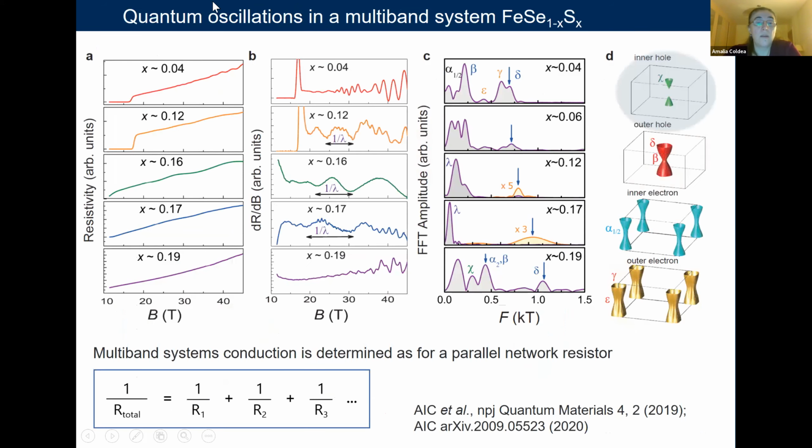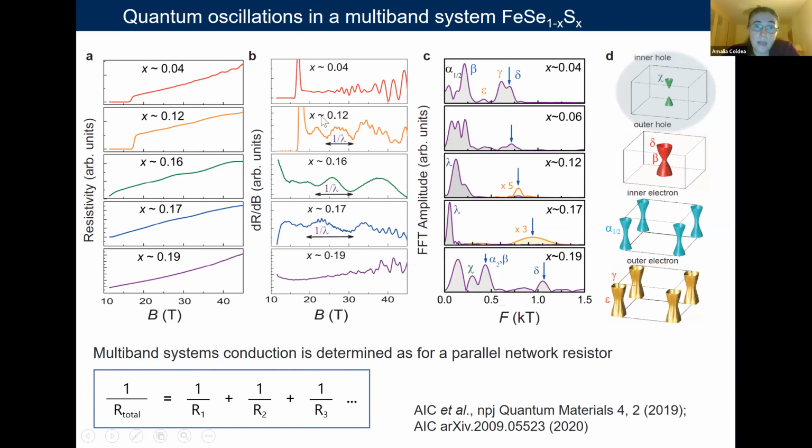If we now follow the evolution of the system with chemical pressure, there are again quantum oscillations across the whole series, but the spectrum of the oscillations changes quite a bit. It's worth reminding ourselves that we are dealing with a multiband system. If you measure resistance, you have to think about a parallel network of resistors, so the channel with the highest conductivity is going to dominate our response.